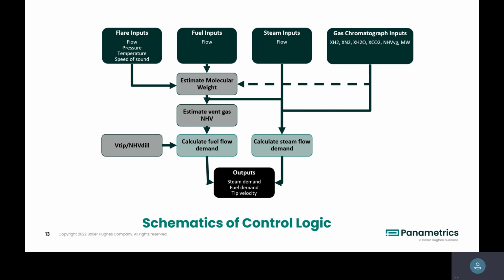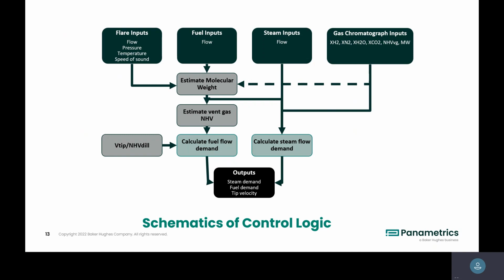And then you mentioned GC or mass spec. Yes, GC or mass spec is in most cases optional, but it's better to have, especially if you have a lot of hydrogen. Hydrogen burns differently than everything else, as you all know, and it can affect the steam calculation.